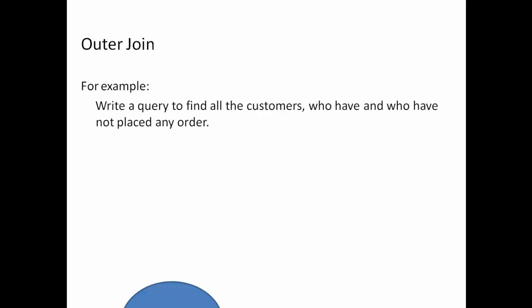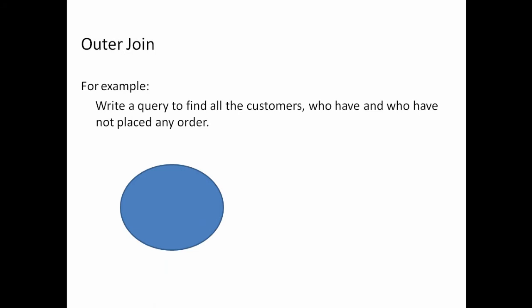In order to understand outer join, let's consider the same example. If we want to get all the customers who have ordered and who haven't ordered, then in this case inner join will not work. We need all the customers who haven't ordered and the customers who have ordered as well. So let's explain this with the use of a diagram.